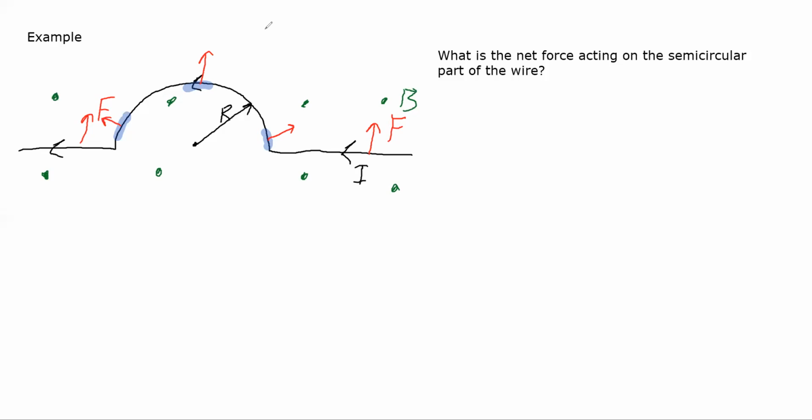Now, let me erase that because I'm going to run out of space here. And I'll call this dF because this is a force acting on a small segment of wire. All right, so just by using the right-hand rule on those different segments, you should be getting the force kind of pointing outward there.